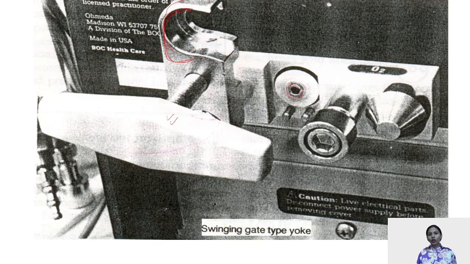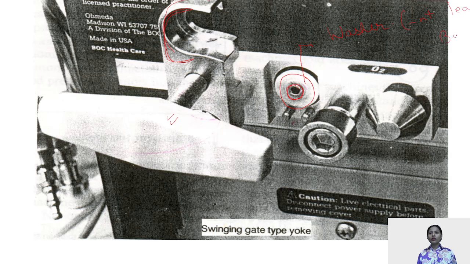This is your nipple on which the port of the cylinder is going to get attached for the exit of the gases. Surrounding the nipple is a very important part which is known by the name of washer, which is to prevent any leak of the gases.